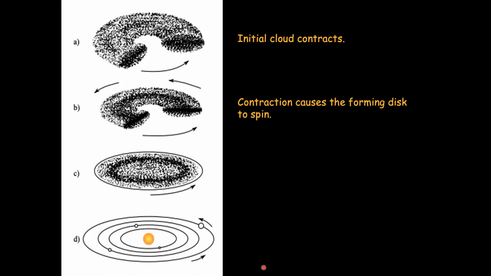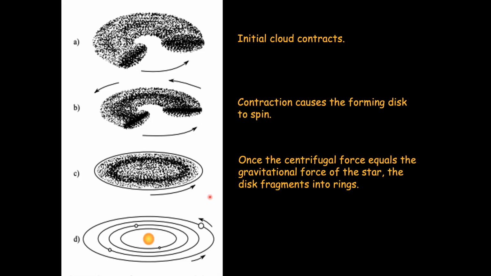Let me point out that this nebular hypothesis was proposed by a scientist named Pierre-Simon de Laplace in 1796. Laplace also proposed the dynamic theory of tides, as you will learn later in the course. He also described the contraction of the cloud into a spinning disk.